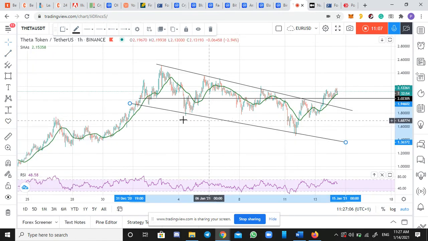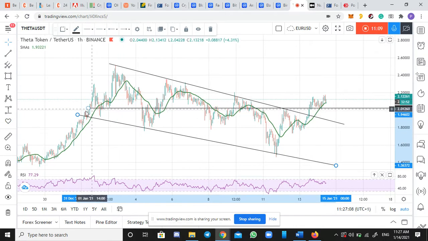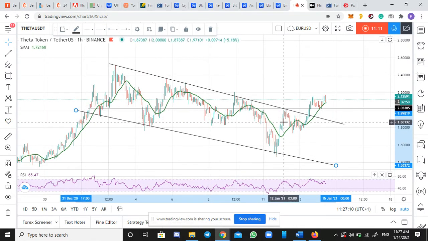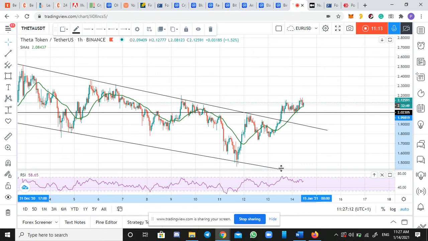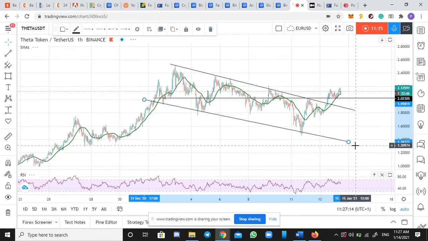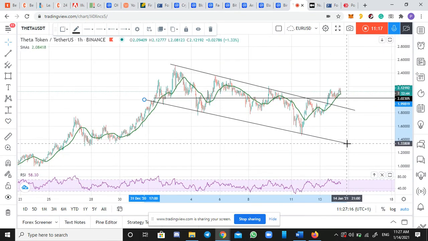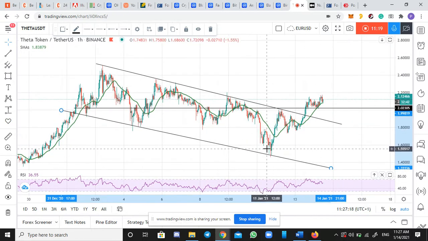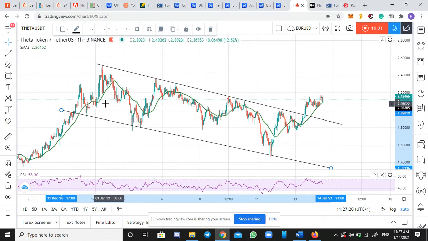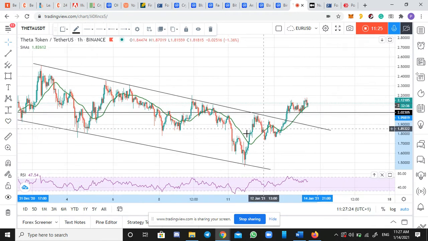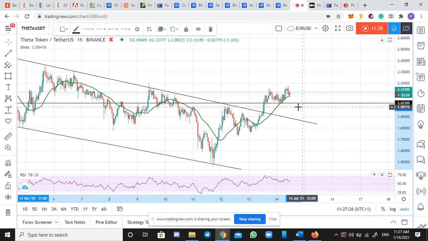From here, this is looking really, really good. This is a bearish pattern for me. This is looking like a flag, and this is looking like a potential support on the hourly time frame.